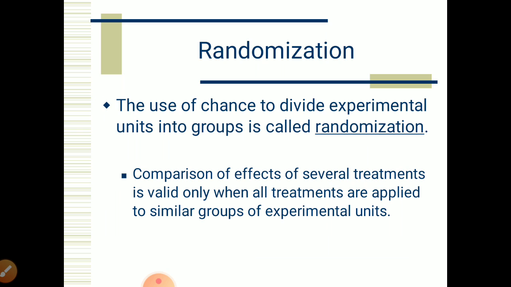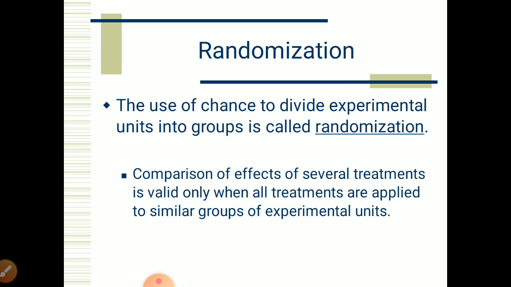In order to do that, we are randomizing the experiments. Randomization means that if you have a group of homogeneous experimental units, you should allot them equally to all the available treatments. That is the simplest meaning of randomization.